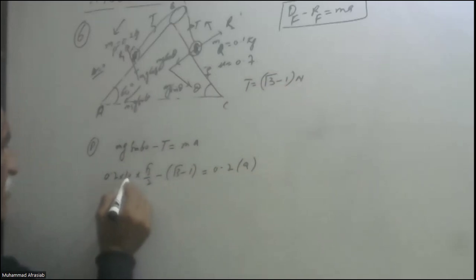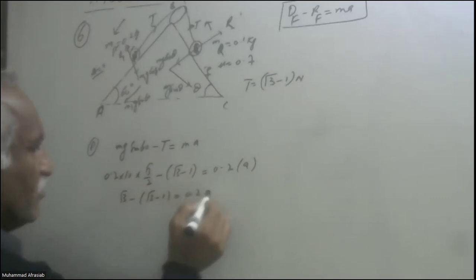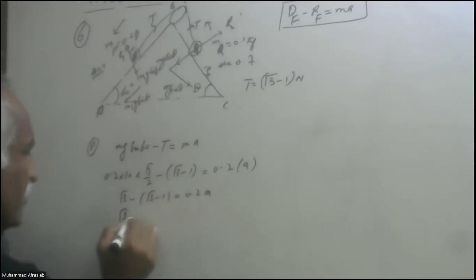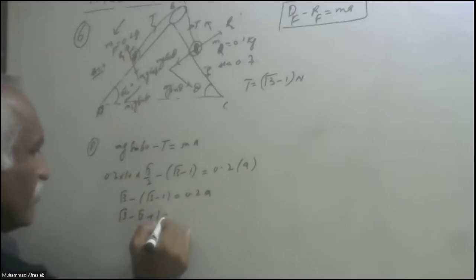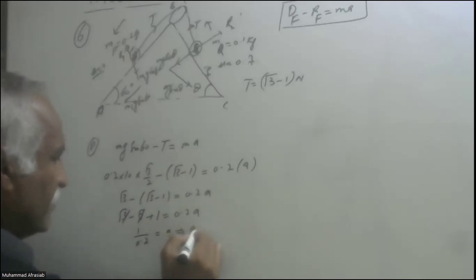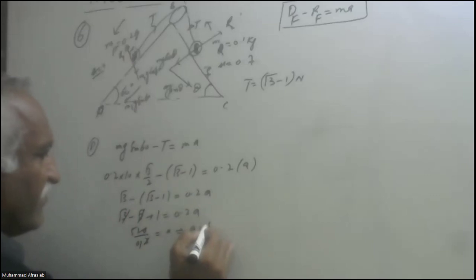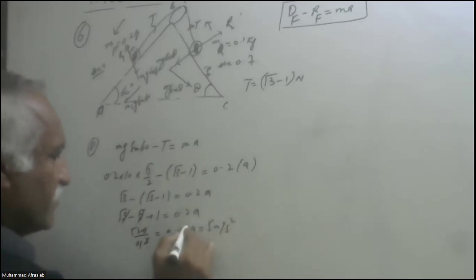So this should be equal to 2 over 2 root 3 minus root 3 minus 1 is equal to 0.2a. So root 3 minus root 3 plus 1 is equal to 0.2a. So 1 over 0.2 is equal to a, or a is equal to 5 meters per second squared.